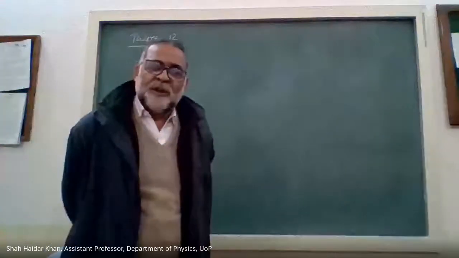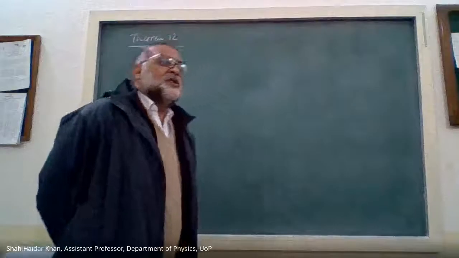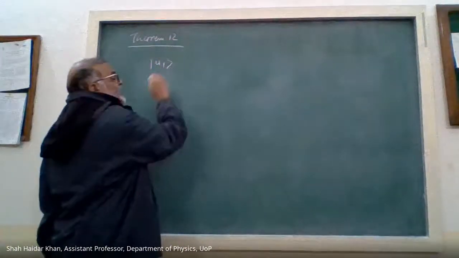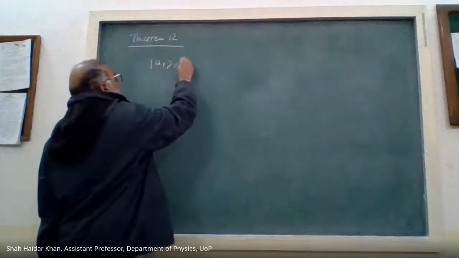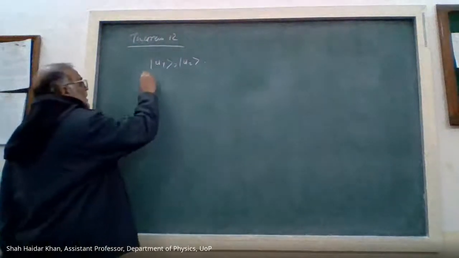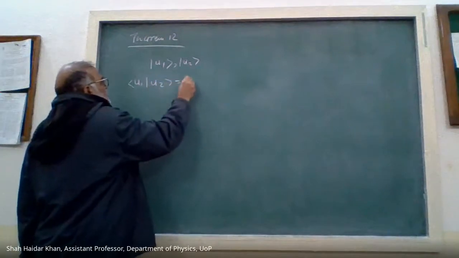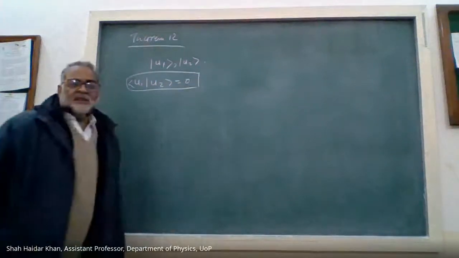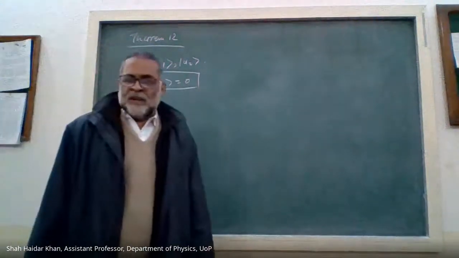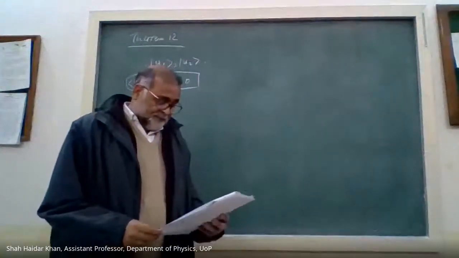If we have a unitary operator, their eigenvectors are orthogonal. Suppose this is one eigenvector, and this is another eigenvector. So this theorem says that the scalar product of u1 and u2 should be equal to 0, which means that they are orthogonal. So let us prove it.